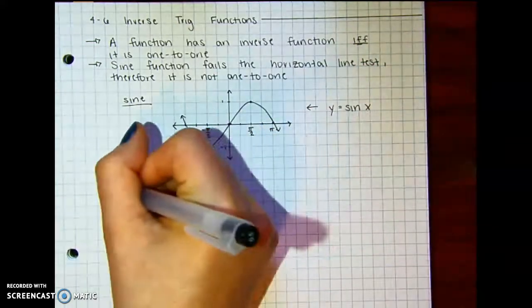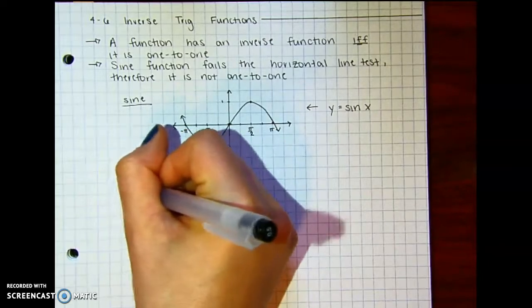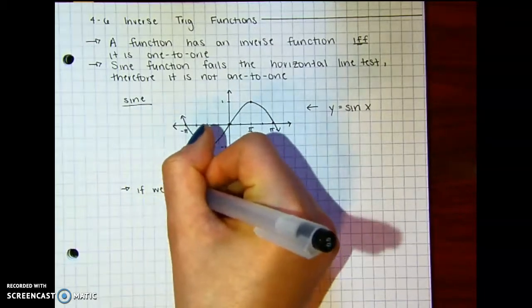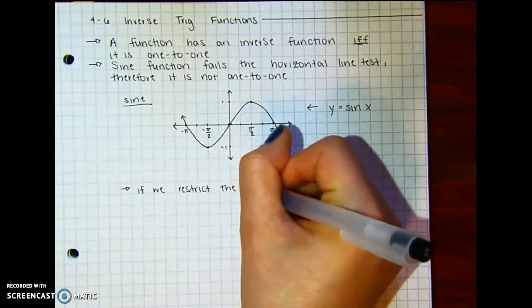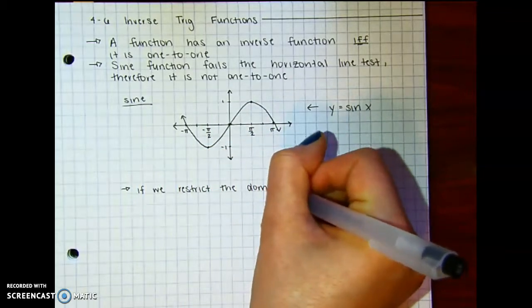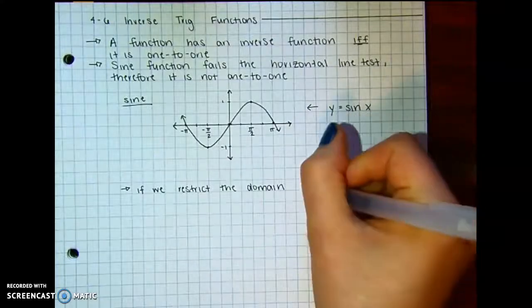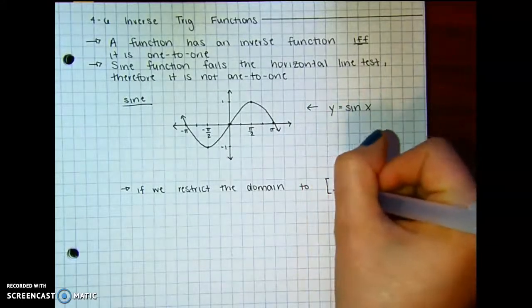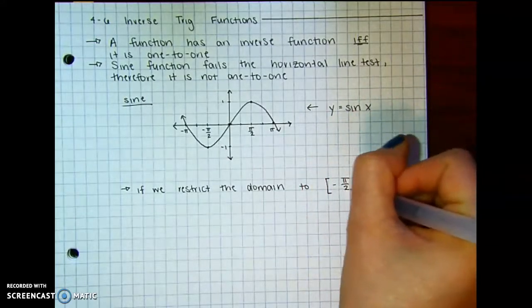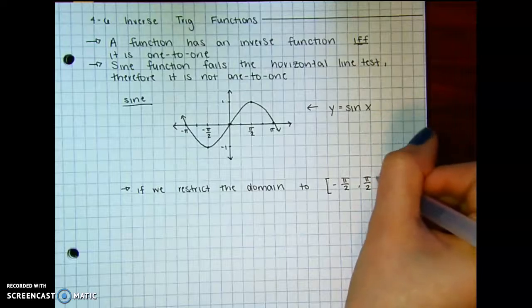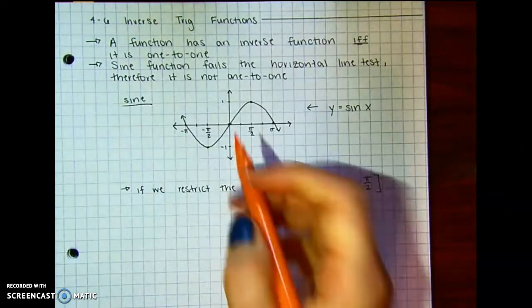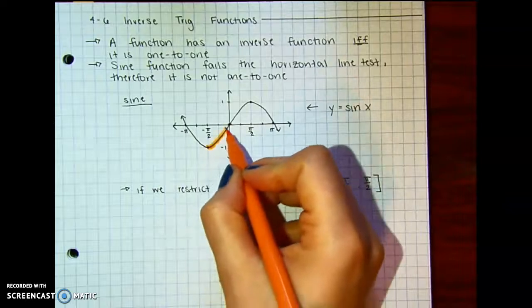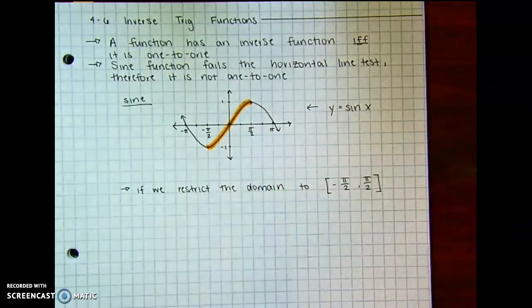If we restrict the domain to be negative pi over 2 to pi over 2, okay, let's take a look at that. So that's from here to here. Then it's 1-to-1, right?